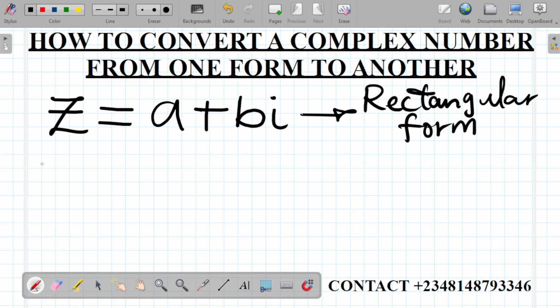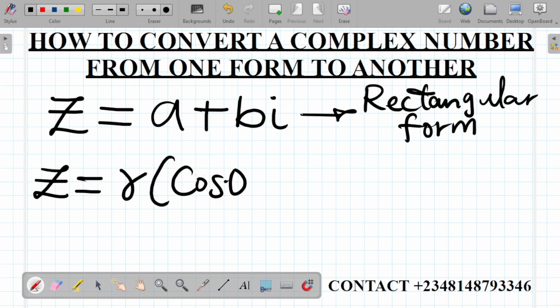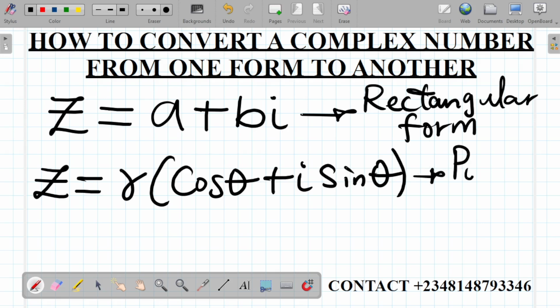And then the polar form of a complex number is written as z = r(cos θ + i sin θ). So this is the polar form.